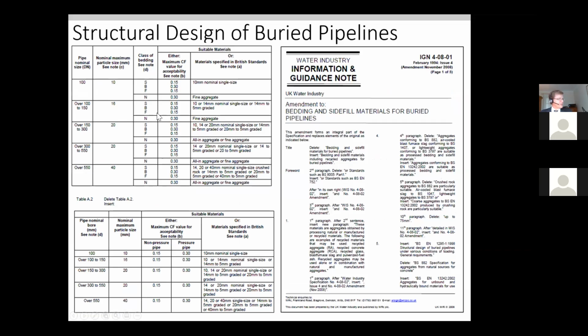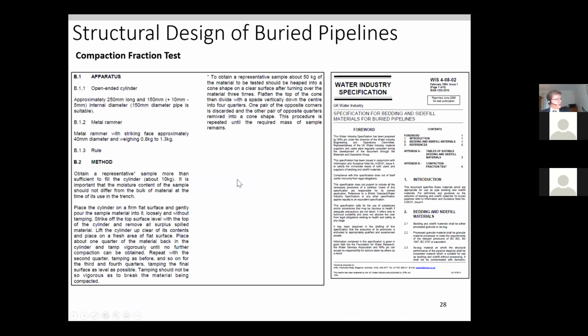These two guides do give you an idea from gradings as to whether the material is suitable. And it also includes, as does 9295, this compaction fraction test, which you can put the material through, which will also give you an indication of the type of material you've got. So my advice is get hold of these guides. They're not hard to follow. It's the best we've got at the moment, and they're not bad. They are definitely useful guides.